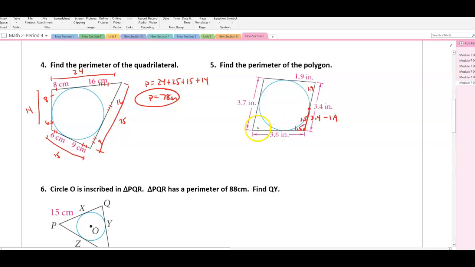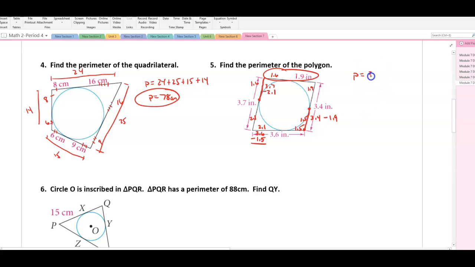Now this piece would be 3.6 minus 1.5, which is going to give you 2.1, which makes that 2.1. And now this piece is going to be 3.7 minus 2.1, which is going to give you 1.6, which makes this piece 1.6.